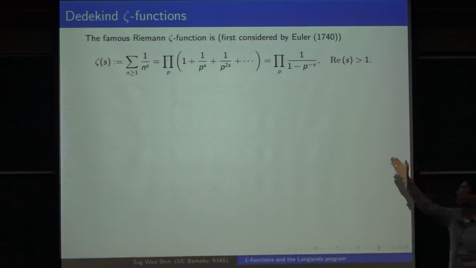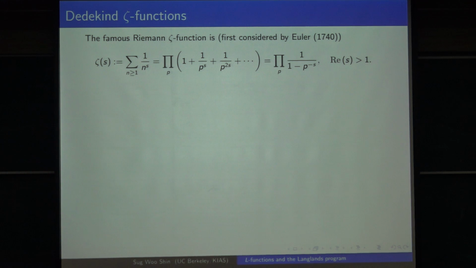You can also rewrite it as an infinite product over all primes p of these things. If you don't worry about convergence, you can at least formally check that the infinite sum and infinite product are equal. Maybe I can, where is the pointer?